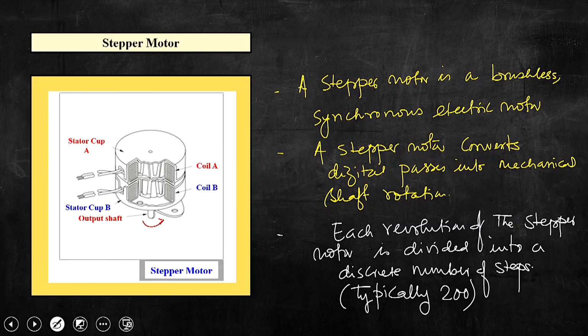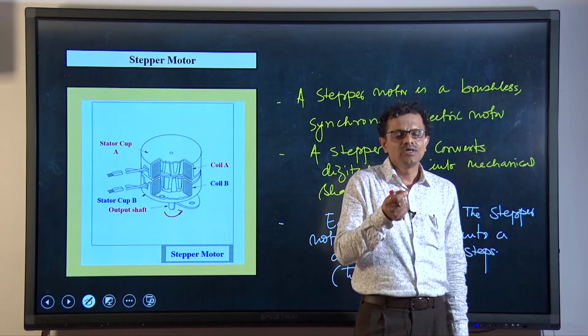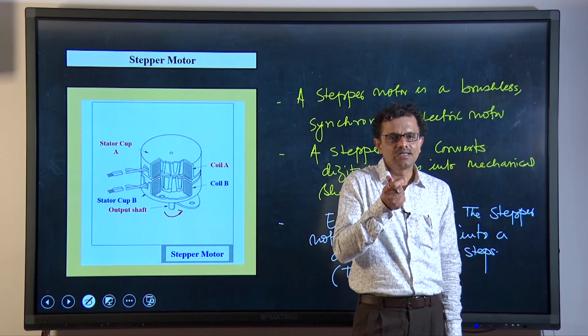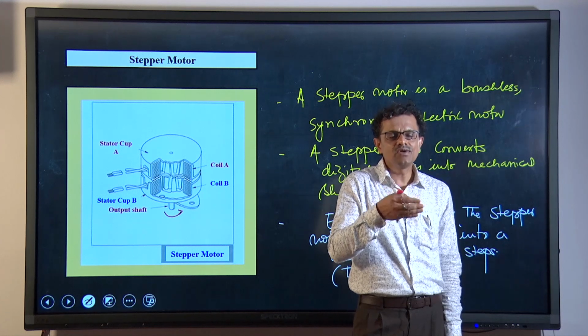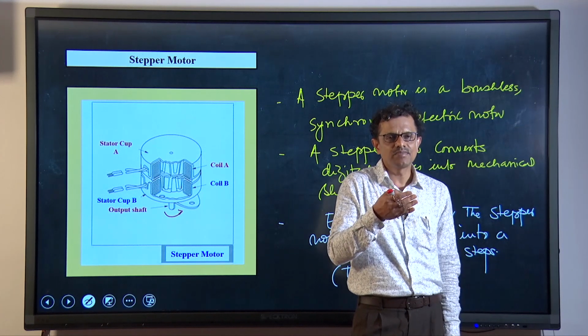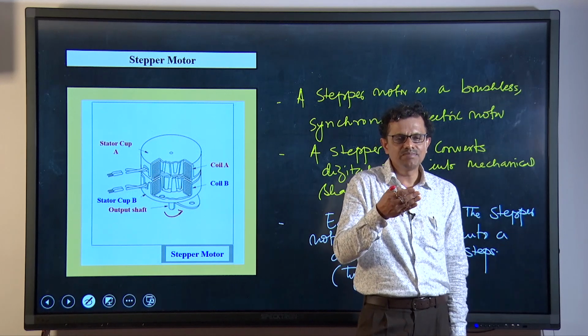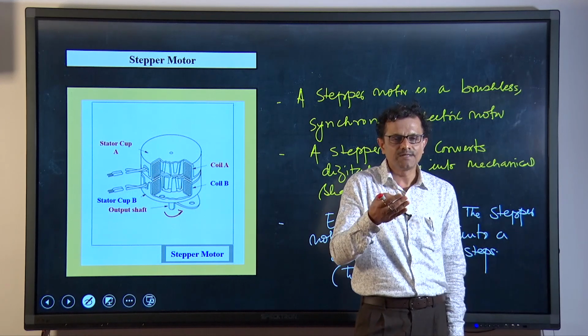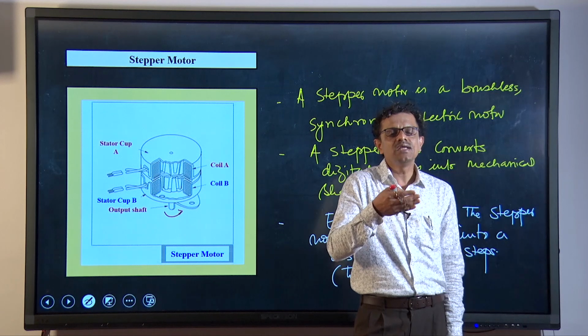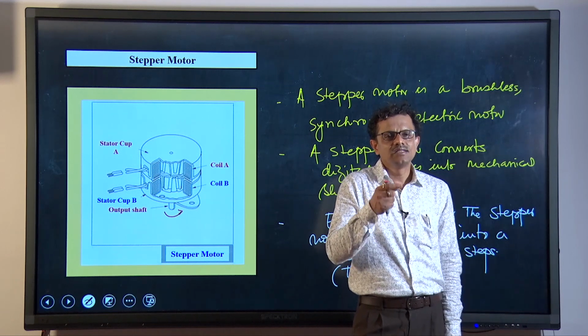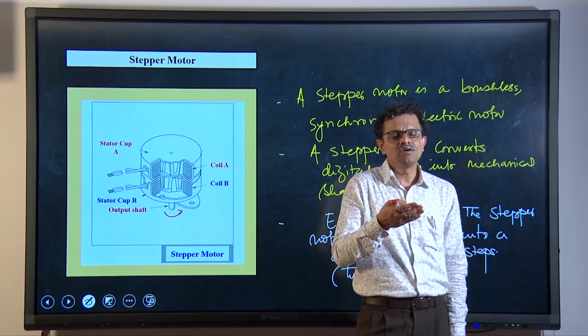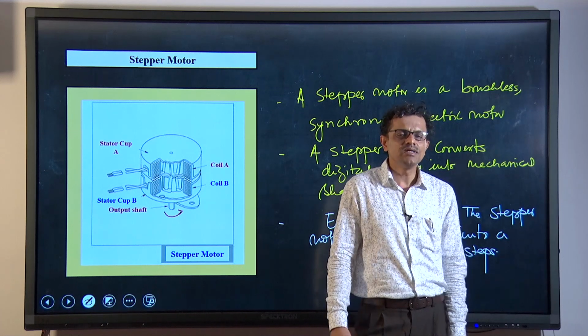As I said, this motor works on the principle that it needs digital pulses. If the frequency of the digital pulses increases, the step movement, the name stepper coming from this stepwise movement, will become continuous movement, and the rotation of the motor will be directly proportional to the frequency of the pulses.